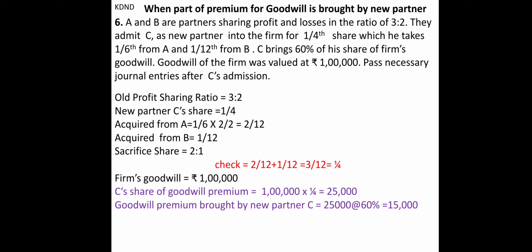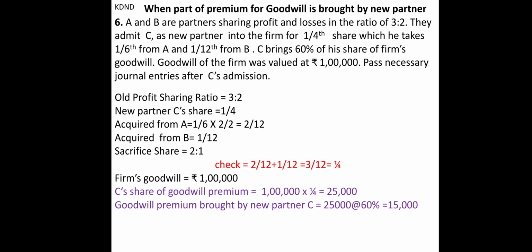So first, as our procedure goes on, C as a new partner, I will be reading the sum. A and B are partners sharing in 3:2. They admit C as a new partner with 1/4 share, which he takes 1/6 from A and 1/12 from B. C brings 60% of the share of the firm's goodwill, and the goodwill of the firm is valued at 1 lakh.